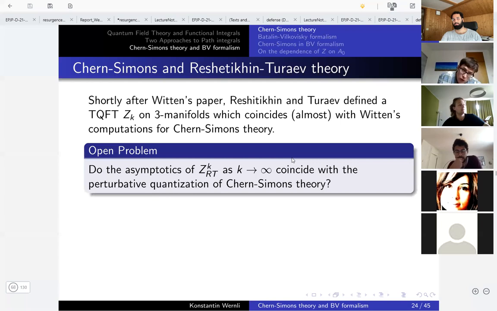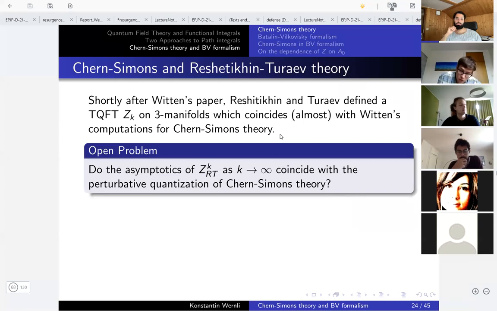I'll try to explain why people care about this question, because it seems oddly specific. The point is that we want more insight into the path integral. I think solving this problem would be a very strong argument that Reshetikhin-Turaev TQFT is the correct value to assign to the Chern-Simons path integral. There are already some arguments, but I think this would be a very strong one.